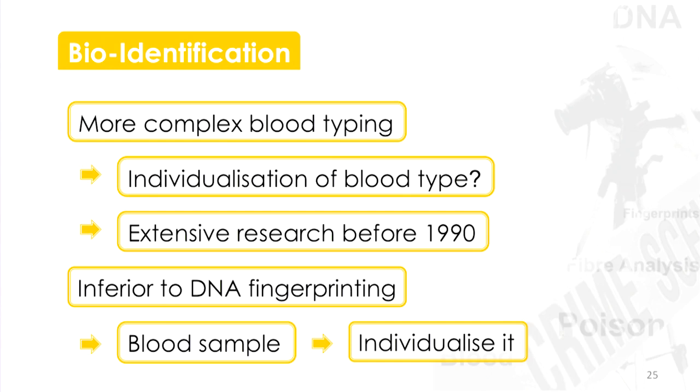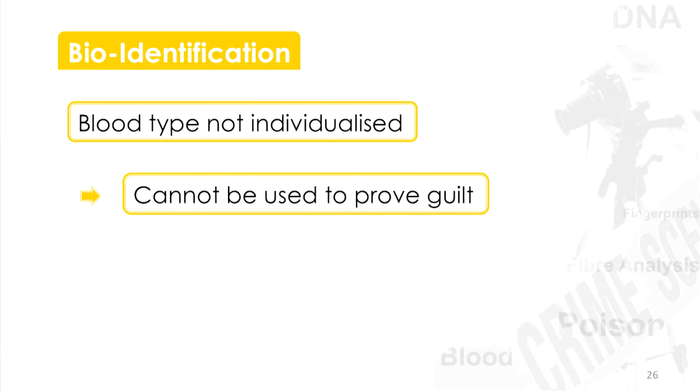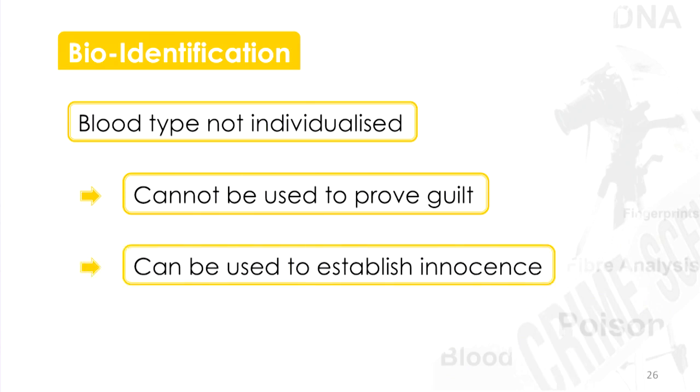That doesn't mean that blood type is not important. It just changes the way that we use blood type. So blood type cannot be used to prove guilt because it's not individualized. But blood type can be used to establish innocence.